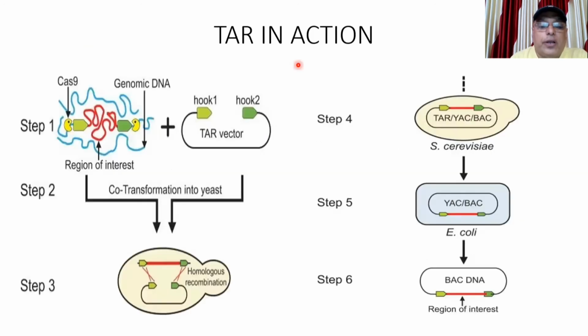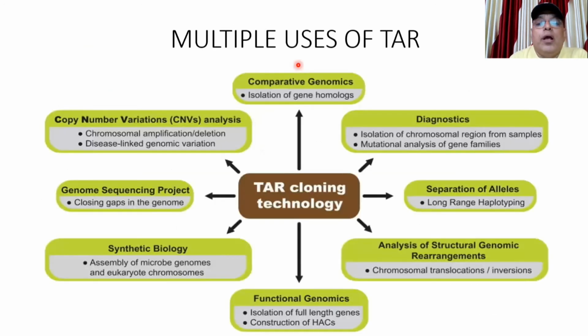So we can see in this section multiple uses of TAR. Let's have a broad idea of TAR. It is useful in a number of ways: synthetic biology, comparative genomics, diagnostics, etc. So TAR is a very new tool having all pervasive use.